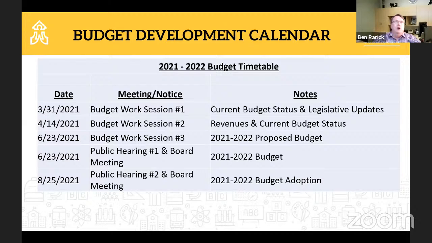There's a work session where you're getting your first glimpse of the budget fully pulled together. That rough draft, I call it a rough draft because we have the right legally to change it if we need to, but typically the changes aren't huge. That gets sent to OSPI, and then we have a hearing at the end of August in which we adopt the budget.